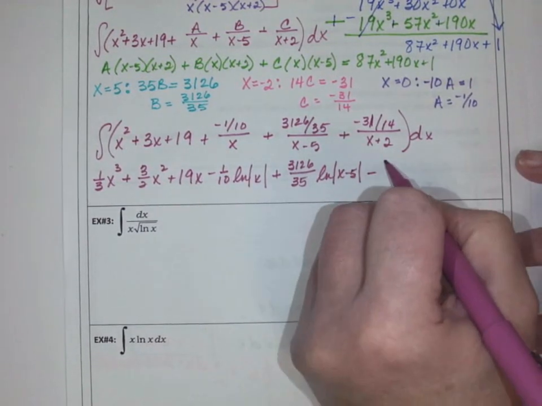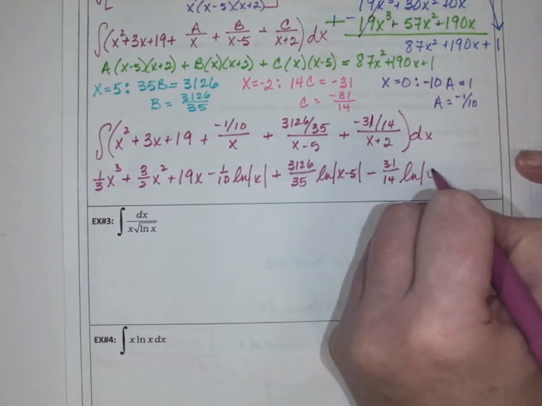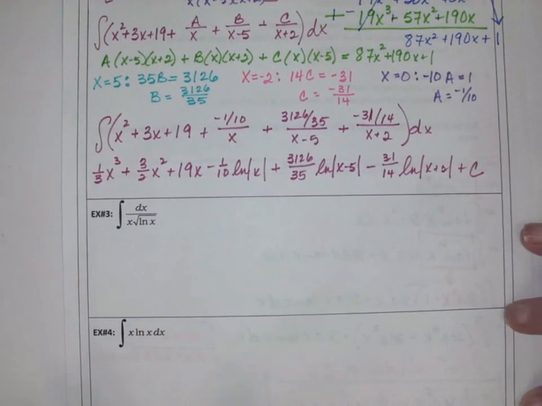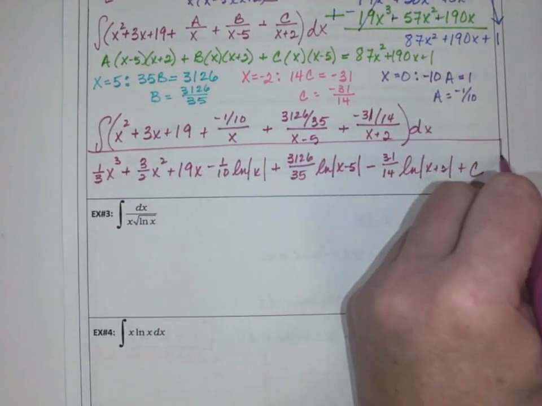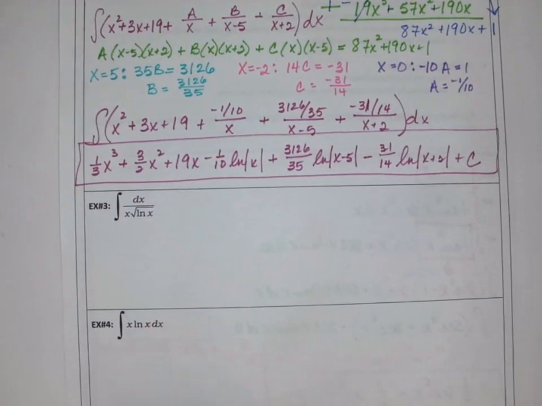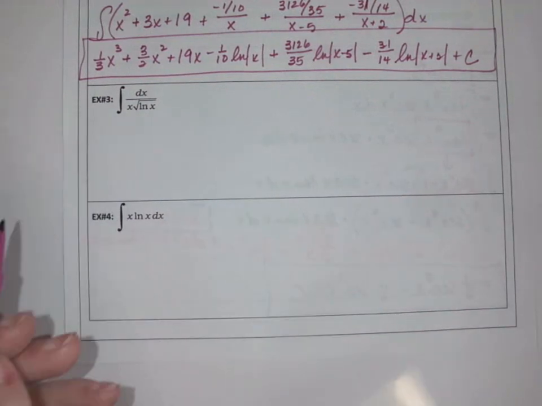And the last fraction goes to -31 over 14, natural log absolute value of x plus 2. And then, of course, don't forget your plus c. So that is a very long partial fractions problem. Okay, so the next two, notice that they involve natural log.